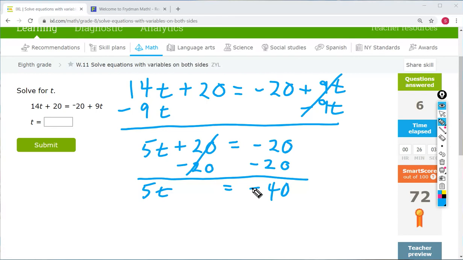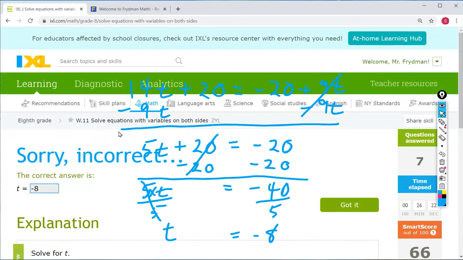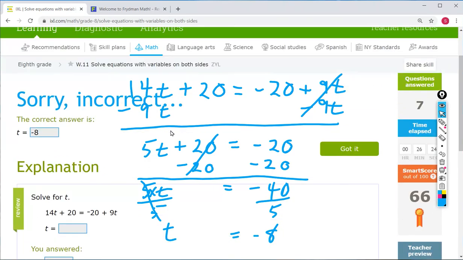Now this is like 5 times t, so divide both sides by 5. We get t equals negative divided by positive is negative. 40 divided by 5 is 8. So t equals 8. Whoa, what did I do? Oh, I forgot to put the negative in. I did have it written there.